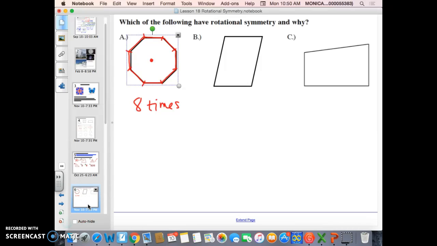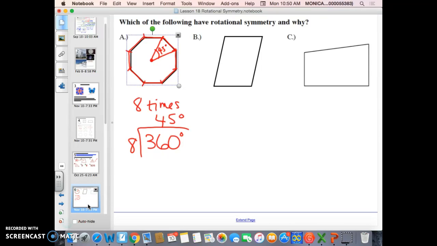Now, rotation, a full turn is 360 degrees. So to find out the degree of rotational symmetry, you take 360 degrees and divide it by 8. And you should get 45. So each time you rotate this shape, 1 turn, it's 45 degrees.